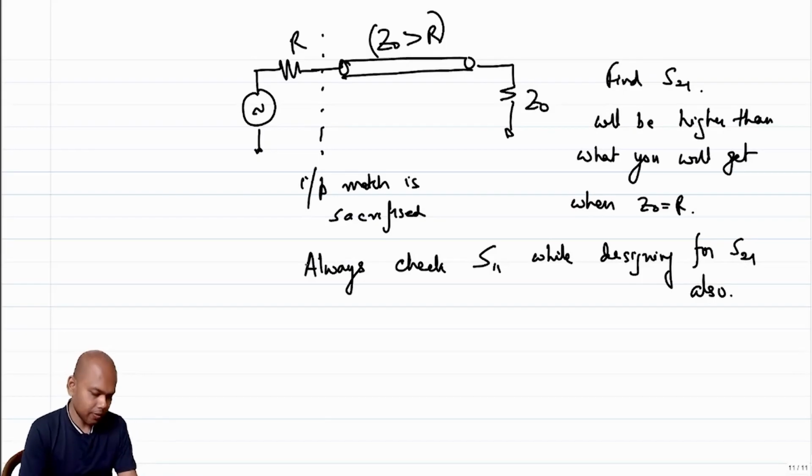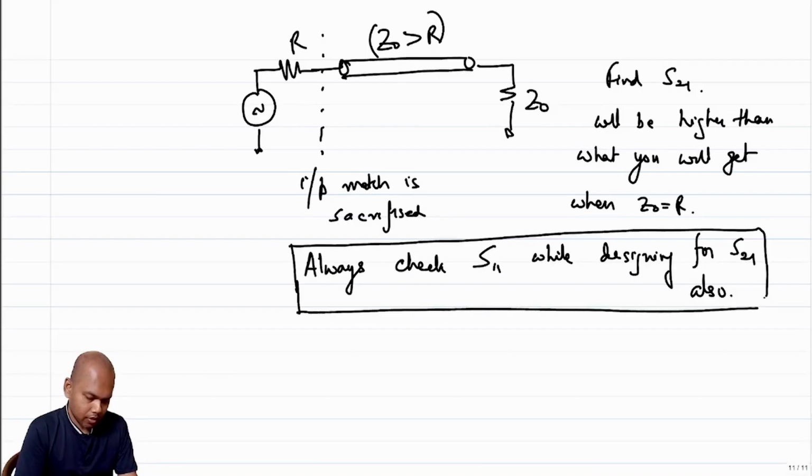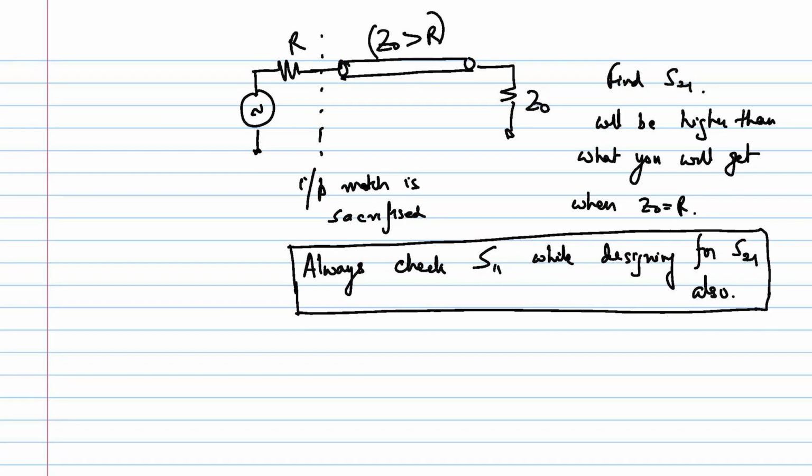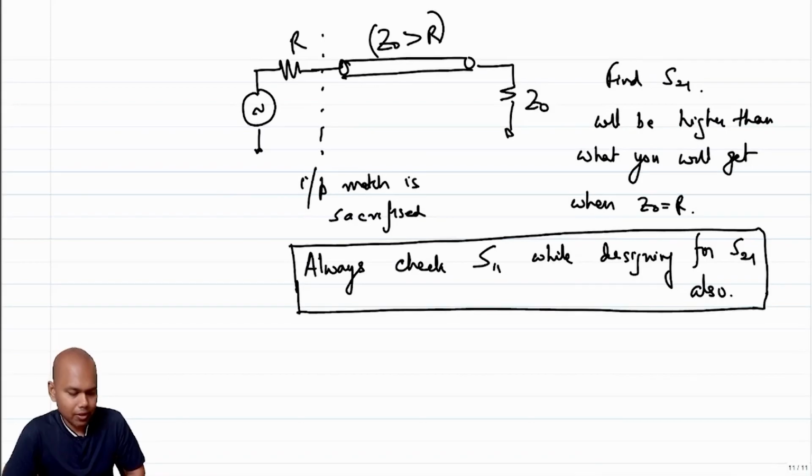You might sometimes get erroneously fooled into thinking that a higher S21 means higher gain. You indeed have higher gain, but that design probably will not be useful simply because you have done it by sacrificing the input match.